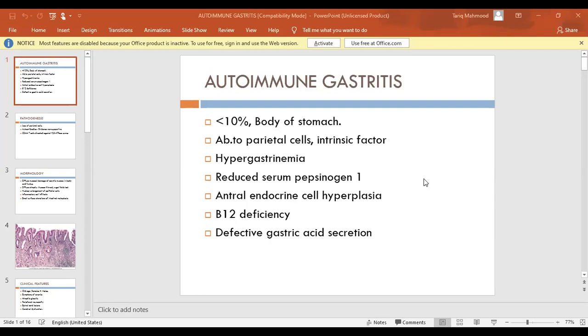So intrinsic factor is also not secreted by parietal cells, and there is impaired absorption of vitamin B12 in the ileum, and this may lead to pernicious anemia. And there is hypergastrinemia, reduced serum pepsinogen 1, and enteroendocrine cell hyperplasia. And there is defective gastric acid secretion.